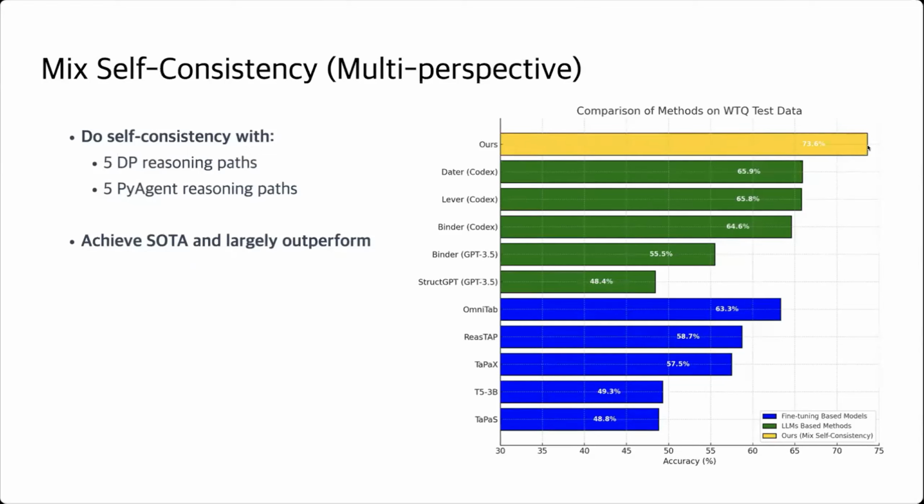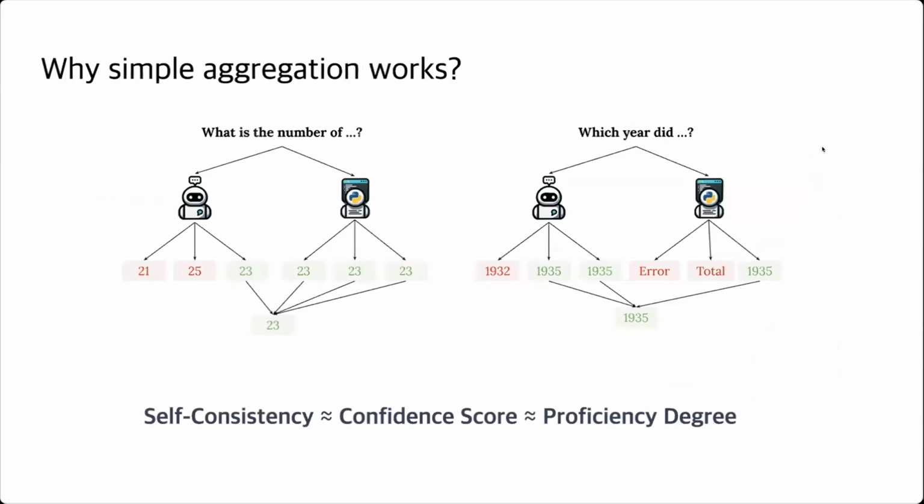We tried to simply aggregate the different reasoning paths from symbolic reasoning and textual reasoning, and then we get the total performance. So here I can explain a little bit why the simple aggregation works.